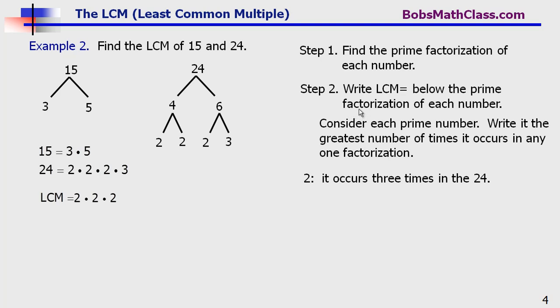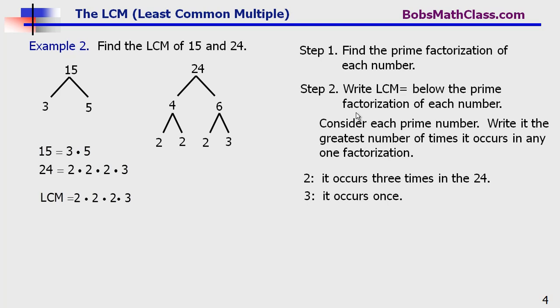How many times does it occur in the bottom row? Once. What was the greatest number of times it occurred in either row? Just once. So the number 3 occurs once. Only one 3, not two 3's. Do not write two 3's here, because the most number of times that it occurred in one row was once.